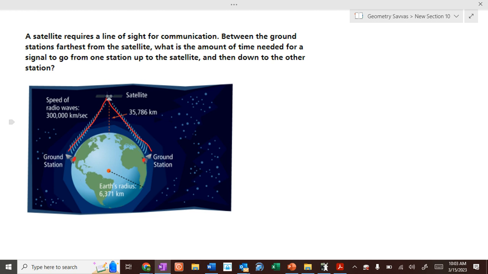Okay. So, what happens is your cell phone goes from a tower to a satellite dish, up to a satellite, down from a satellite to a satellite dish, and then to a tower. Now, we're not going to count the tower to the tower, and your phone to the satellite dish.